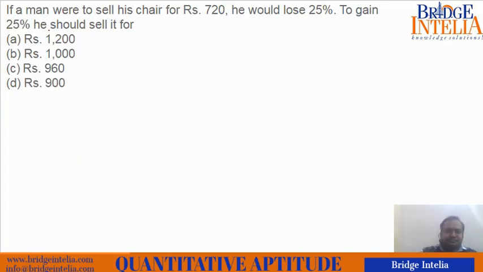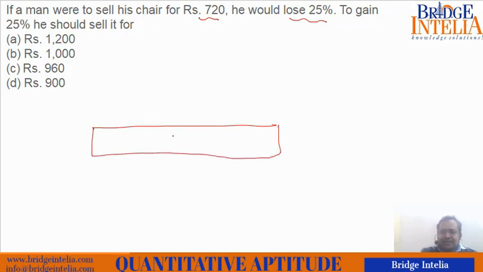So let's move to the next one. If a man were to sell his chair for rupees 720, he would lose 25%. To gain 25%, he would sell it for what? Now, what this question is trying to convey is that the chair is sold for 720 at a loss of 25%. Please understand, this 100% is the investment, the cost price.